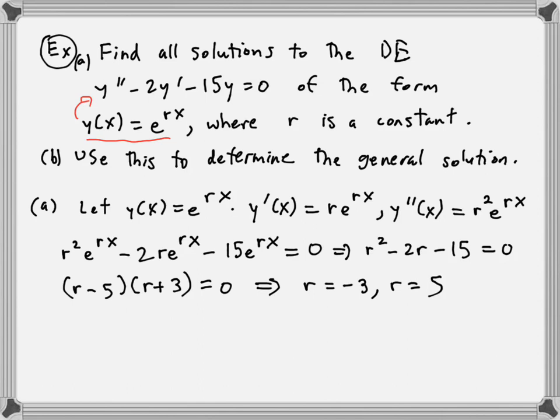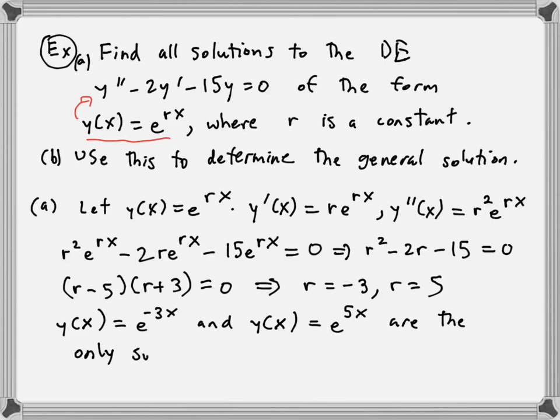So this means that y of x equal to e to the negative 3x and y of x equal to e to the 5x are the only solutions of the form e to the rx. Okay, so those are the only values for r that work.